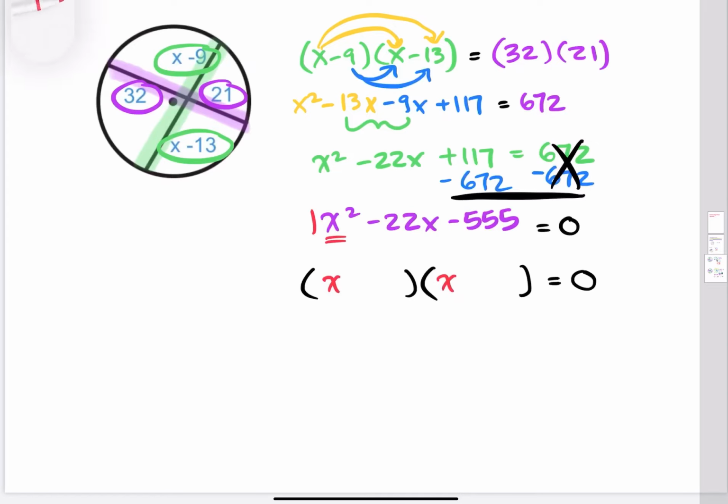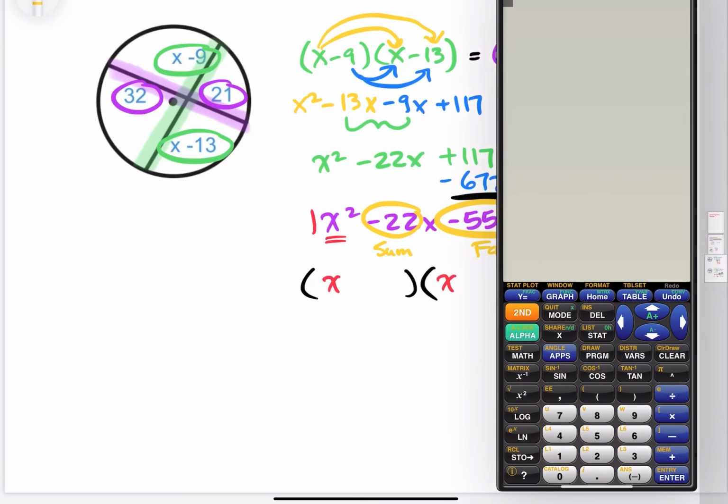Now, to get the rest, I need to figure out what are factors of negative 555. At the same time, the sum of those factors is going to be negative 22. So what times what is negative 555, yet at the same time, it's going to add up to negative 22. Now, if you don't know, you could use your calculator.